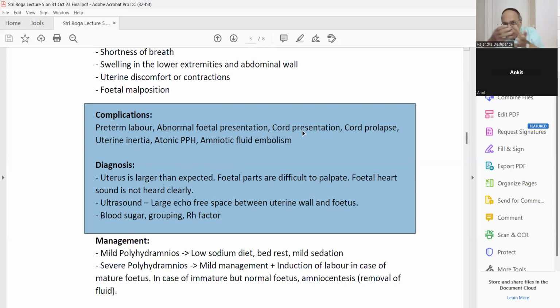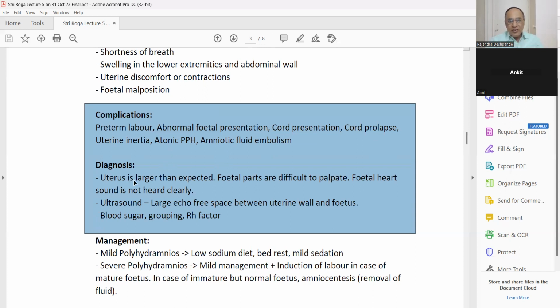In this way the delivery comes. But here the umbilical cord becomes in front. Then cord prolapse. Then uterine inertia, there will not be labor pains. Then amniotic fluid embolism, there may be some clot.